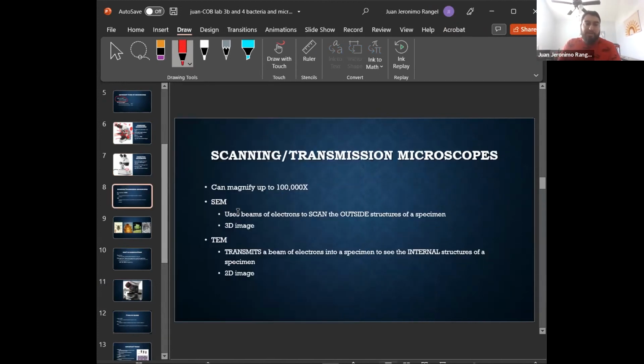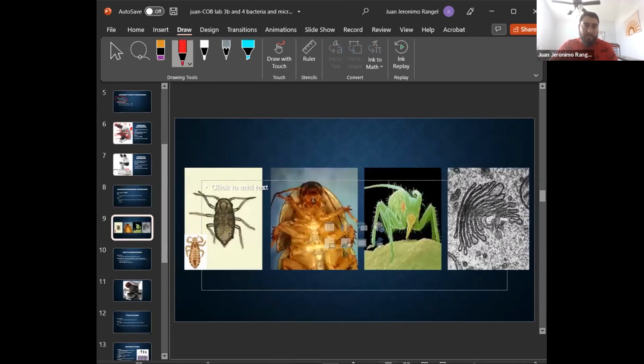Then you have the SEM. So this one scans the outside structures of the image. So you get a 3D image, and the TEM makes a 2D image. You can look inside of cells, so you can look at different layers of the cell. So this flat, tiny microscopic thing is the compound.